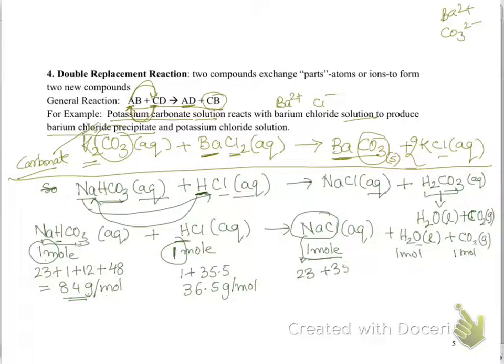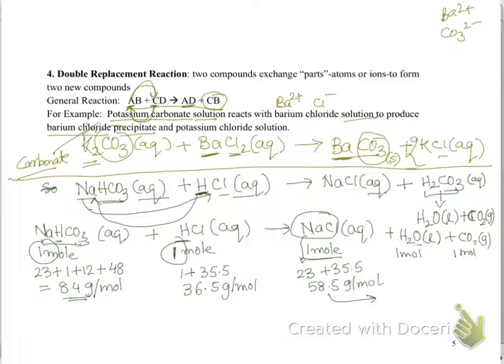Chlorine is 35.5, which makes it 58.5. So that is grams per mole. So if you are mixing 84 grams of sodium bicarbonate with 36.5 grams of HCl, then you are making 58.5 grams of sodium chloride.